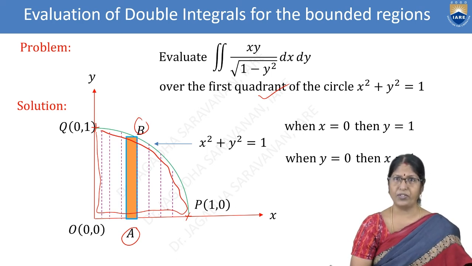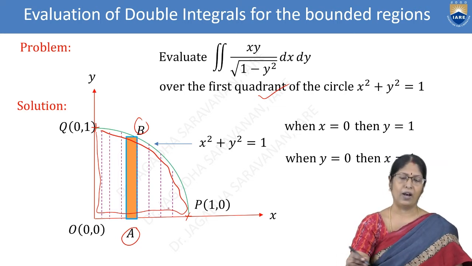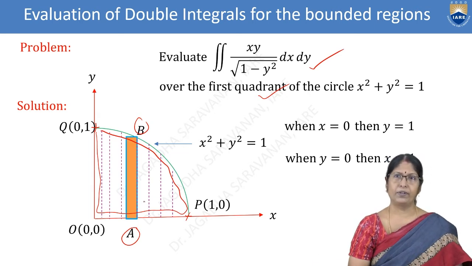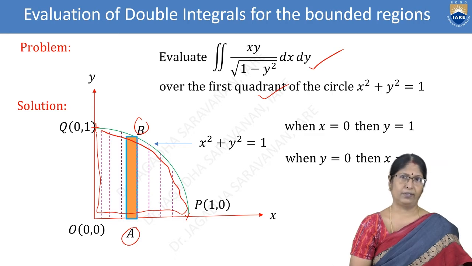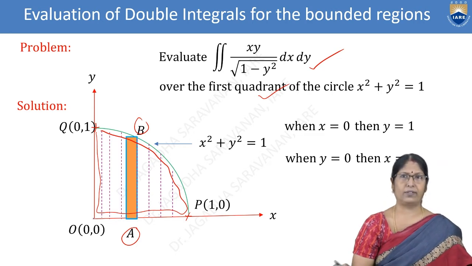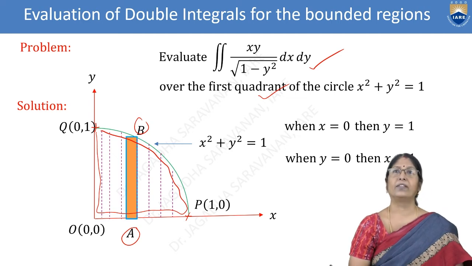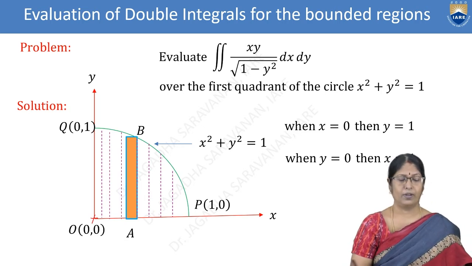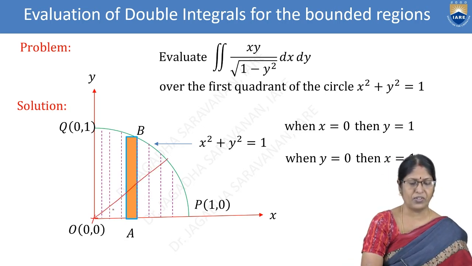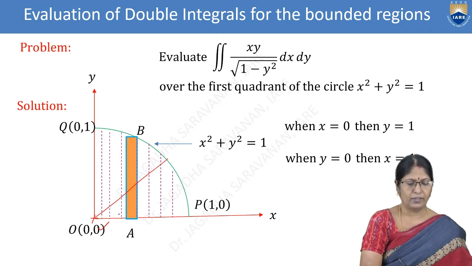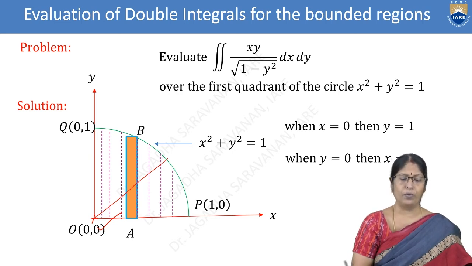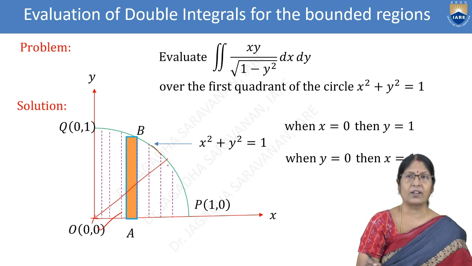This complete region, the area, we have to find. That is our only question. For this vertical strip, we must know where it starts and where it ends on the y-axis. Here y plays the role from 0 to where it touches the curve.